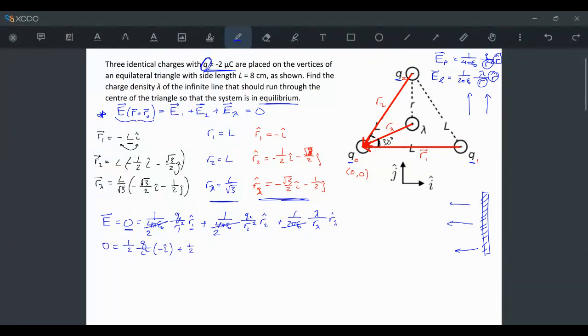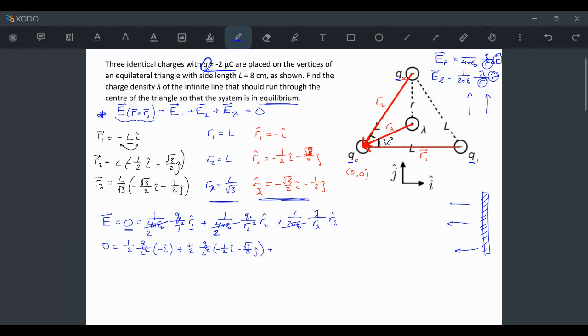Moving on to the second, we have the same 1/2 that we just created here. Again, we have Q over L squared, replacing Q2 and R2 respectively. And then R2 hat is -1/2 I hat minus √3 over 2 J hat. That's our second term.